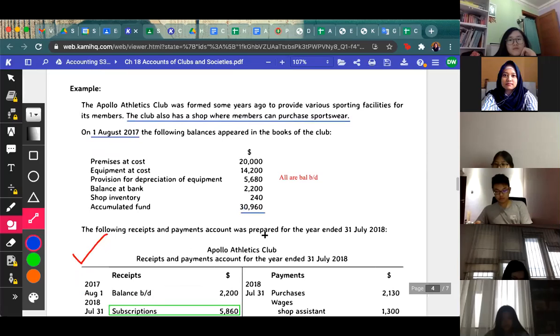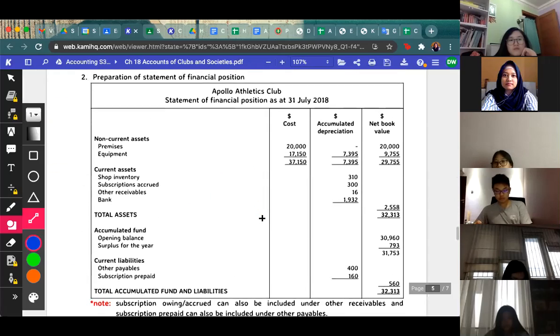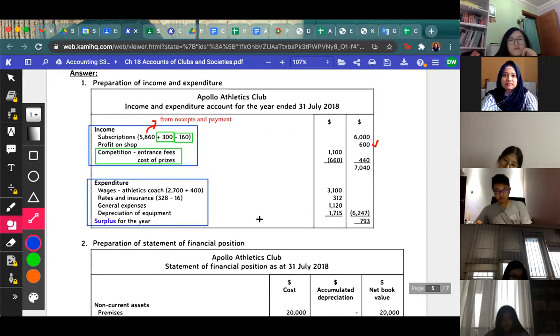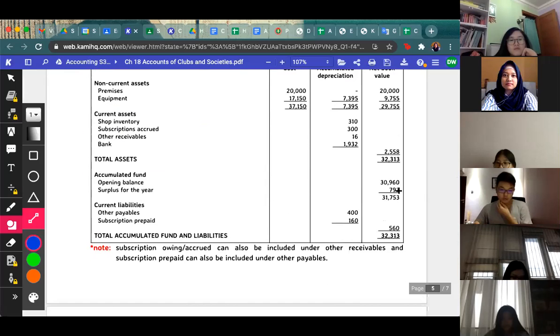Yeah. If you are not given that, then you can calculate it like incomplete records before, yeah, assets minus liabilities, yeah. Then place it here and then take the surplus that you get from income and expenditure here, 793, place it there because it is a surplus, so it is adding to the accumulated fund.